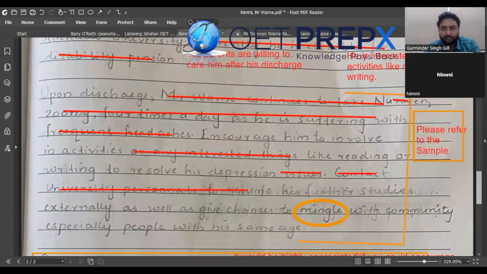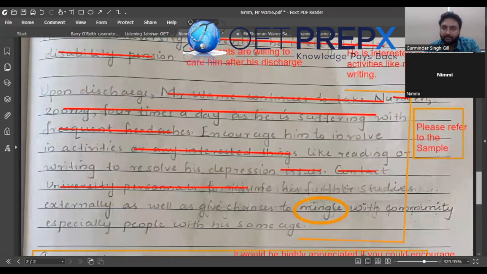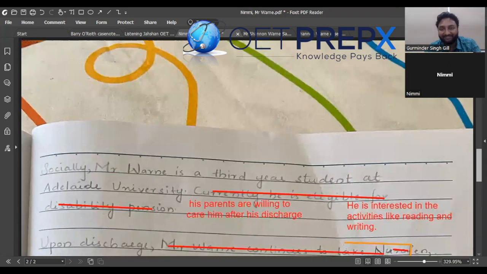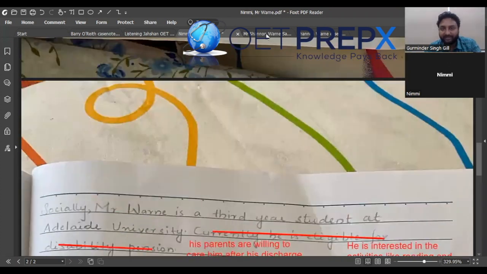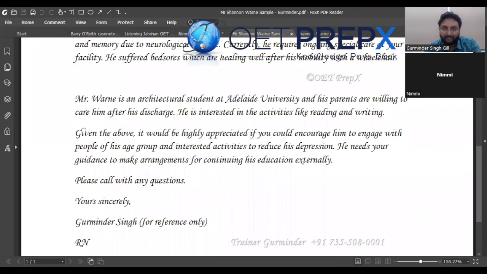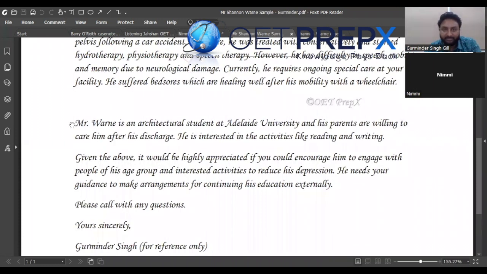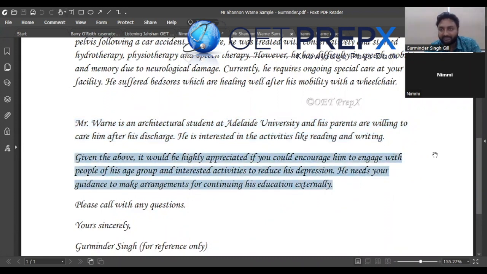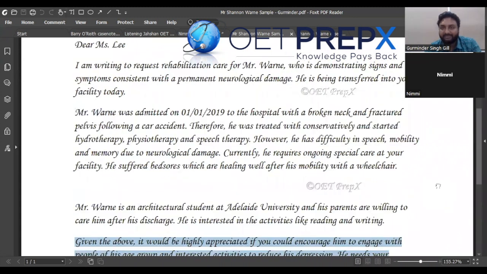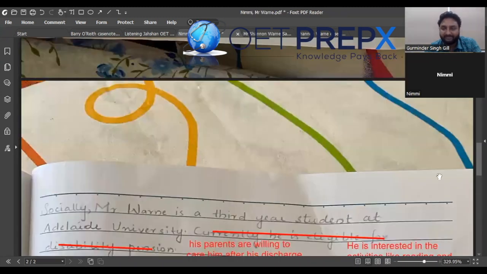Some plan means I will separate into two, so that's why I wrote two paragraphs, upon discharge and the above. Okay, fine. Now, this is another way of writing, so you can try to follow this. We can put his social information in one paragraph, right? About his activities, interests, his parents, his studies. And then in the final requesting paragraph, you can mention all the requests. This is another way of writing, of course. This is fine.